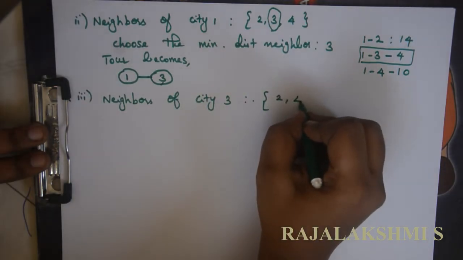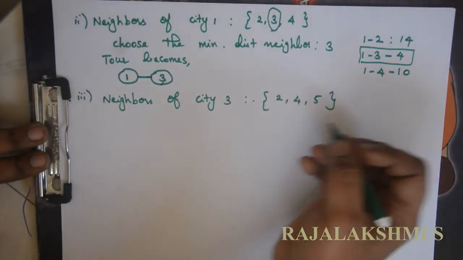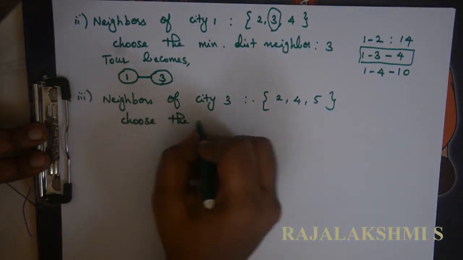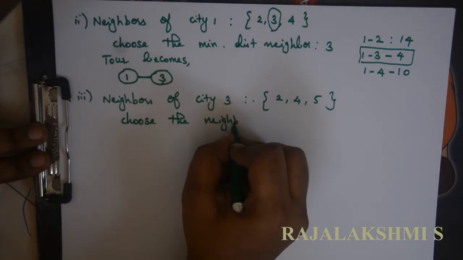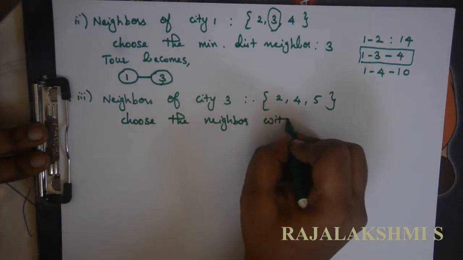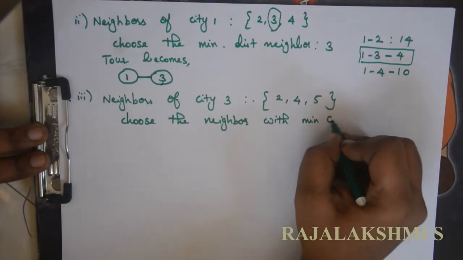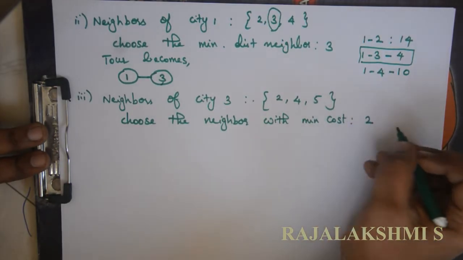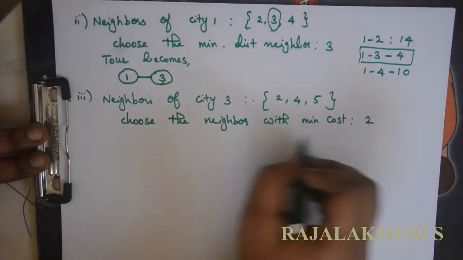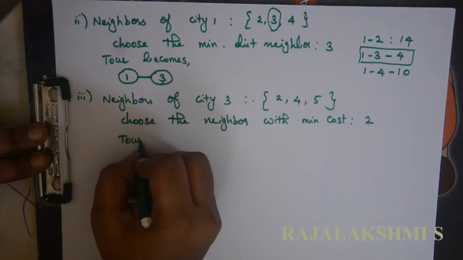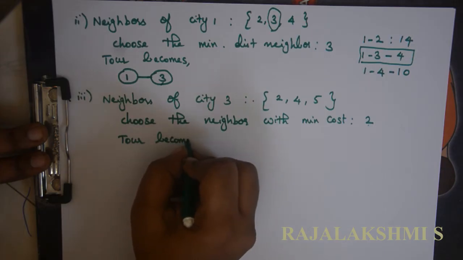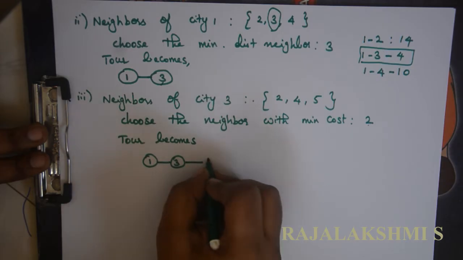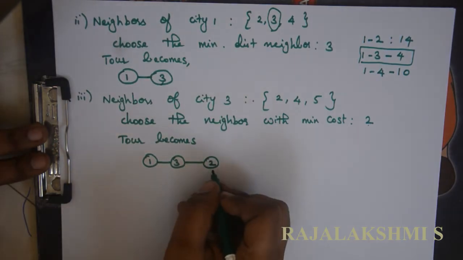So they are 2, 4 and 5, right? Now choose the neighbor with minimum cost. So who is having the minimum cost? It is 2. The city 2 is having the minimum cost. So now the tour becomes 1 to 3 and 3 to 2. So from 3 we are going to the city 2.